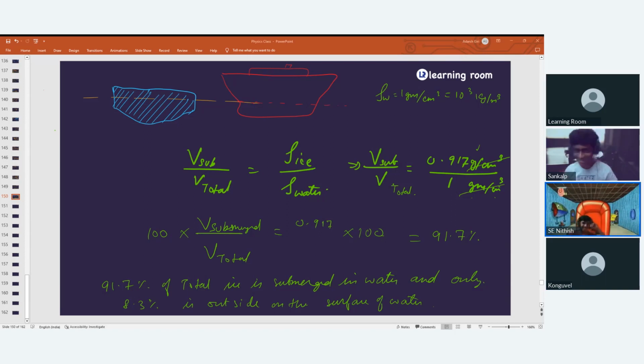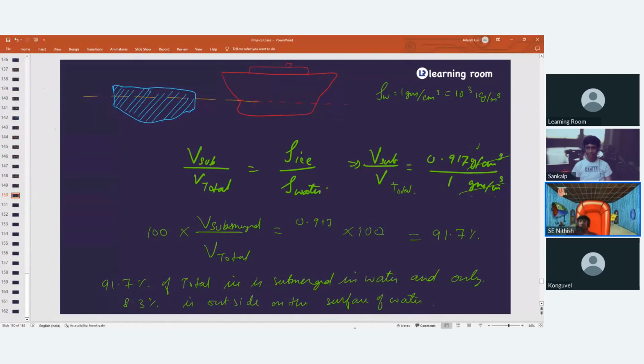Why did you draw the ship, sir? The ship is also doing the same property. We can calculate the submerged part of the ship also. Basically, they just saw that it is 1 meter of height of ice above the water, so they thought that it will be just 1 meter only.